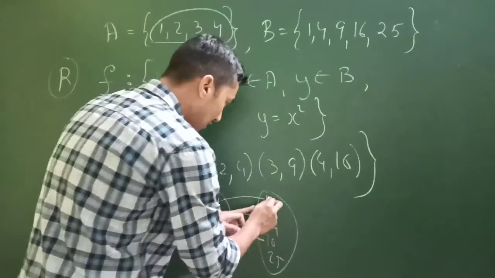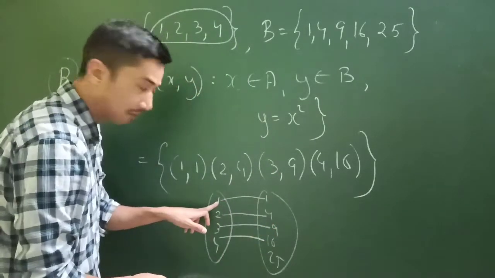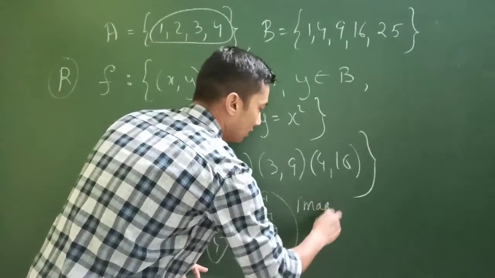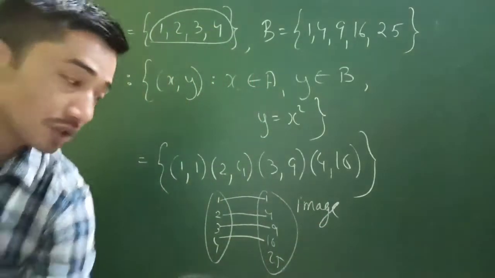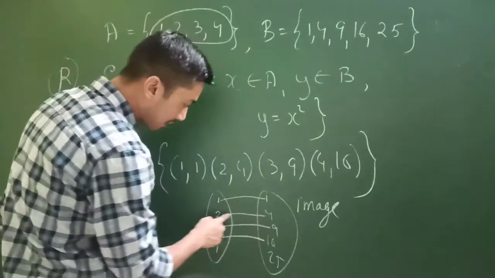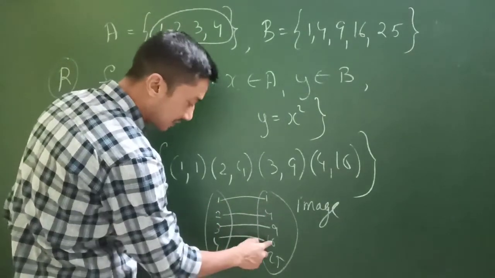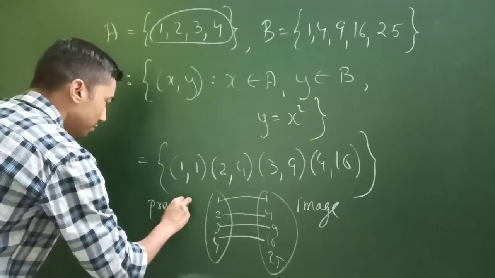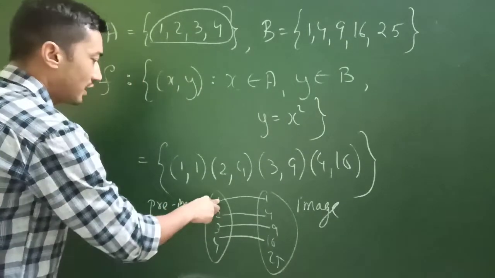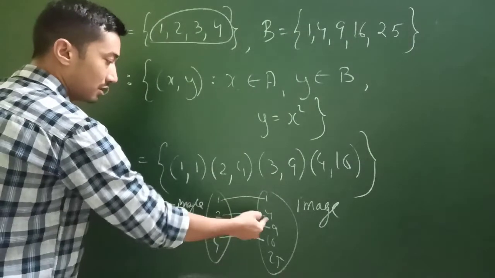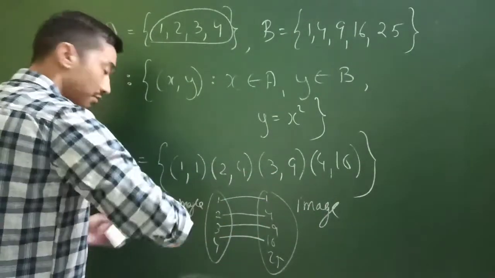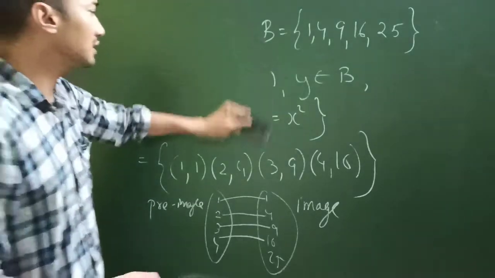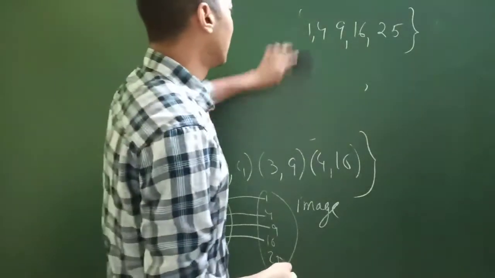So this set consists of the images: 1 is the image of 1, 4 is the image of 2, 9 is the image of 3, 16 is the image of 4, and this set contains the pre-images. 1 is the pre-image of 1, 2 is the pre-image of 4, going backwards from image, that's why it's called pre-image. So that is the concept of functions.